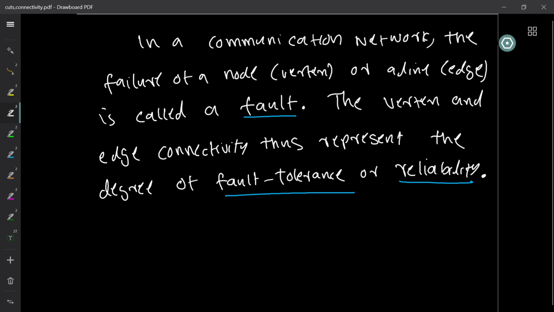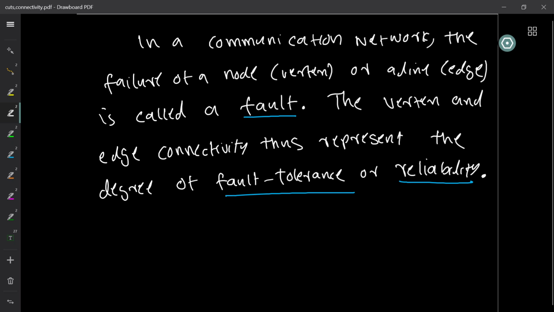Now, why is connectivity important? For example, in a practical situation, you have a communication network. Now, you can have communication disruptions, like if some vertices or edges are destroyed, and then at some point there is no way to contact from one node to another.